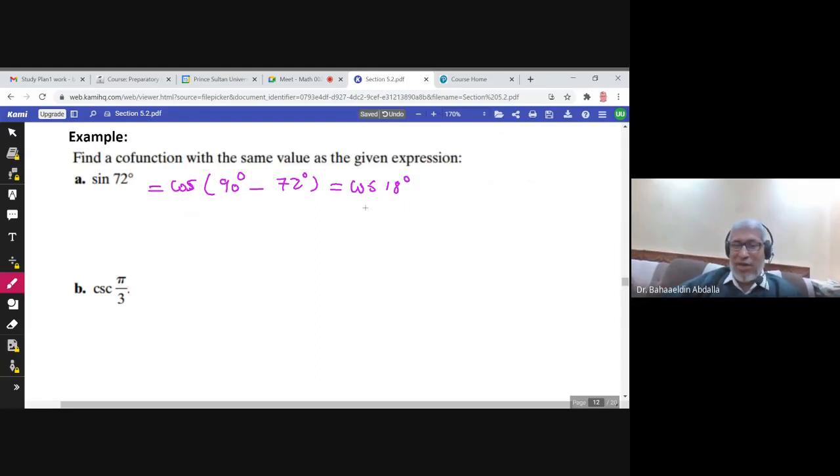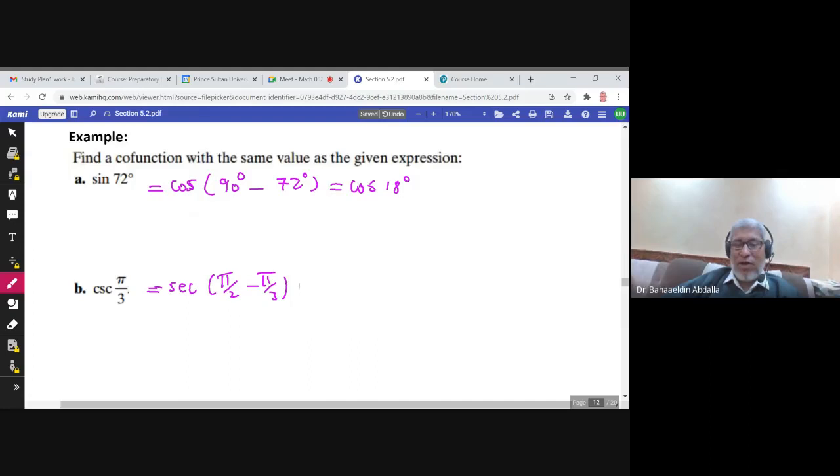Okay. What about cosecant? What is the cofunction of cosecant? The cofunction of cosecant is secant. So cosecant of an angle is secant of 90 minus the angle, or because pi over 3 in radian, so pi over 2 minus pi over 3.